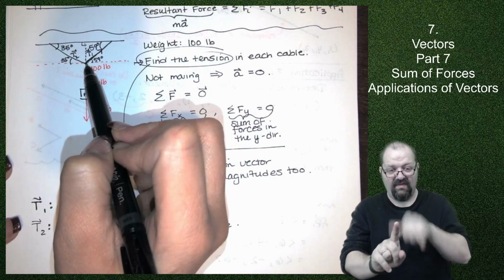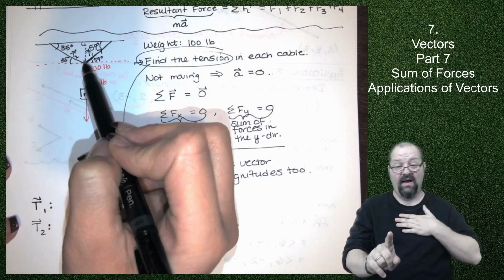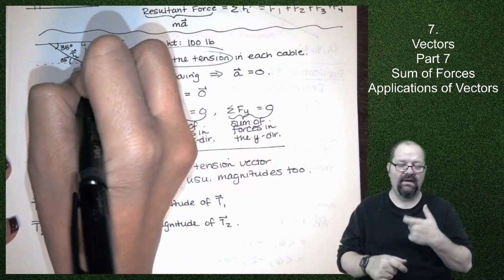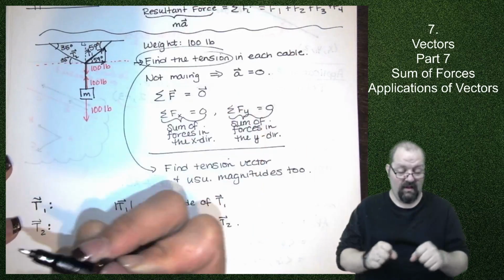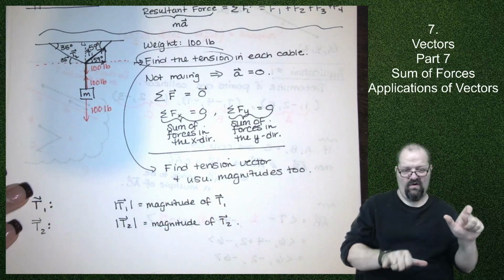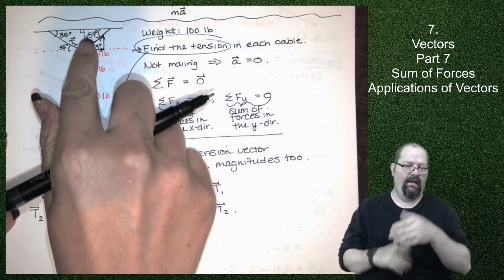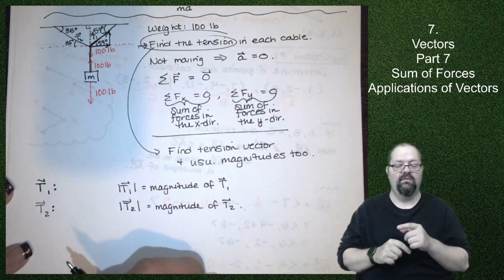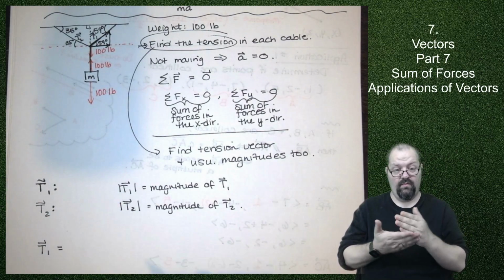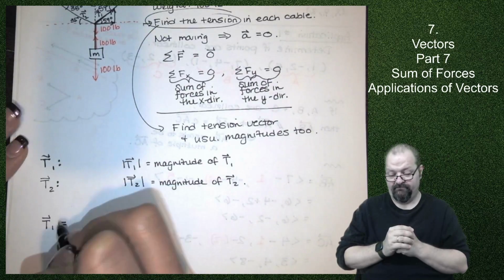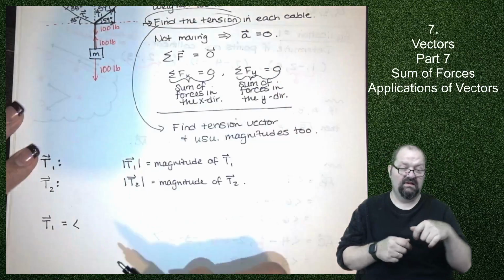That is a matter of choice, but it's a convenient choice, because with that choice, I can split this tension T1 into two parts. There's part of it in the x direction, and there's the other part in the y. So let's talk about the tension T1. The x component of that tension, that's adjacent to the 59.